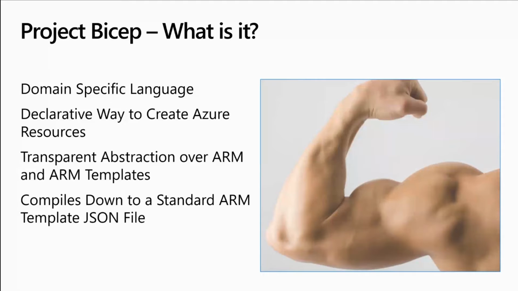If you're experienced with ARM templates, you can see how daunting it is to create them. It's a very high learning curve, and it's definitely something that people don't like to do. But Bicep wants to create that abstraction layer over ARM and ARM templates to make it much easier to write ARM templates.